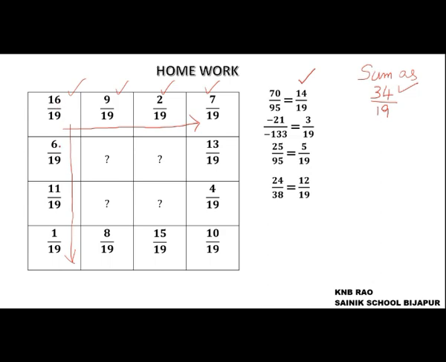Here 16 plus 6 is 22, 22 plus 11 is 33 and 33 plus 1 is 34. So here also the sum of rational numbers is 34 by 19. So now while I am filling in these four rational numbers, I should observe which will fit here appropriately when they give 34 by 19.